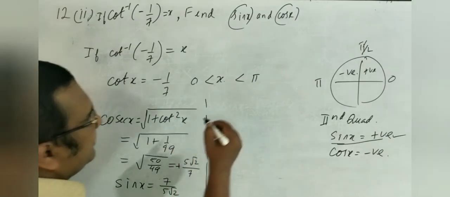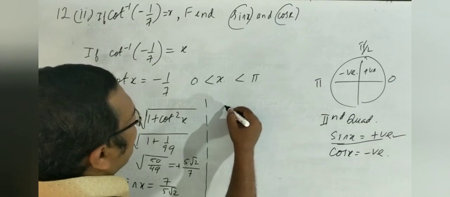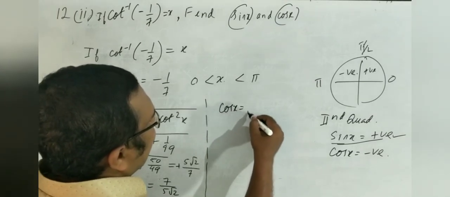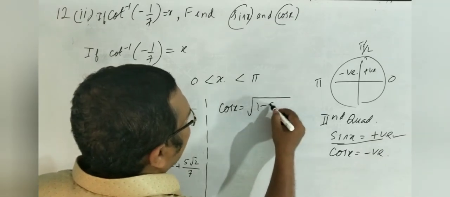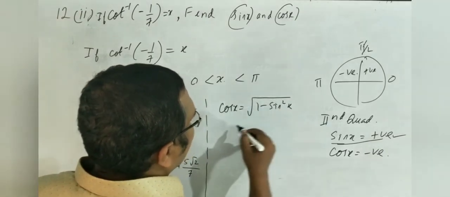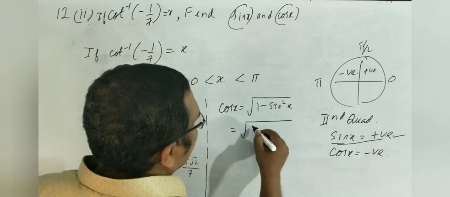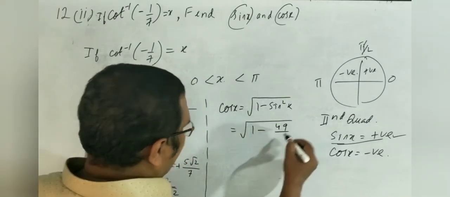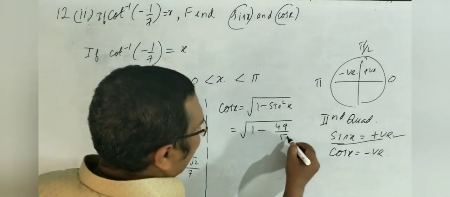Now next is cos x. Root of 1 minus sin square x, (49 by 50).